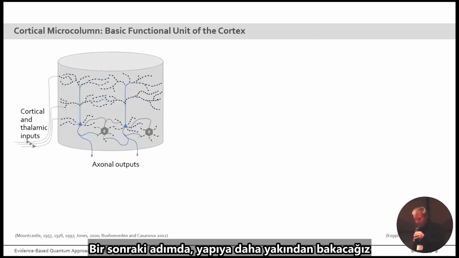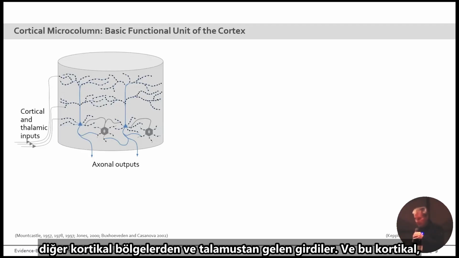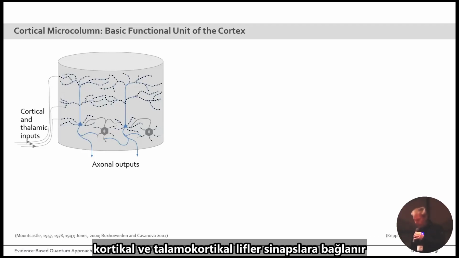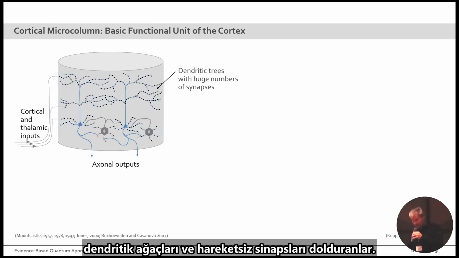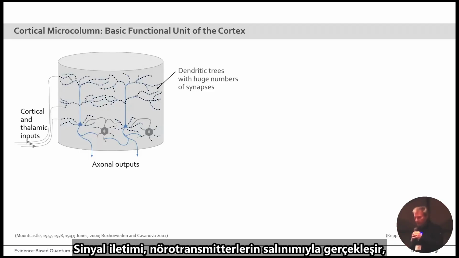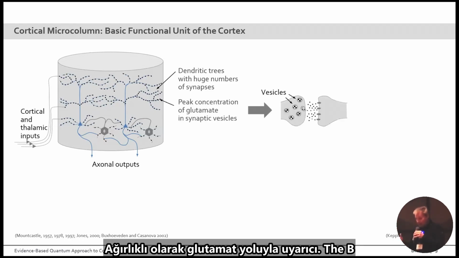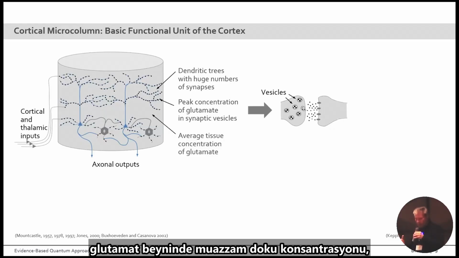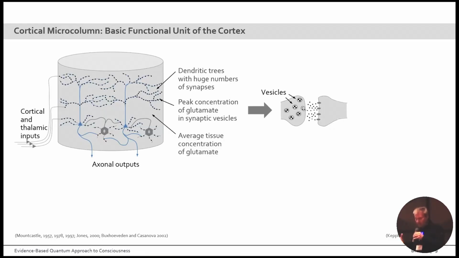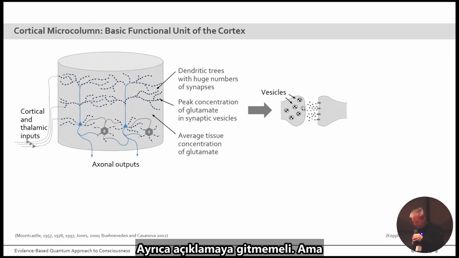In the next step, we take a closer look at the structure of such a microcolumn. Such a microcolumn receives numerous inputs from other cortical areas and the thalamus, and these cortical and thalamocortical fibers connect to the synapses that populate the dendritic trees. And in active synapses, signal transduction takes place through the release of neurotransmitters, mainly excitatory through glutamate. The peak concentration of glutamate can be found in synaptic vesicles, and there is also an enormous tissue concentration of glutamate in the brain, which is regulated by certain processes, which I will also not explain here.